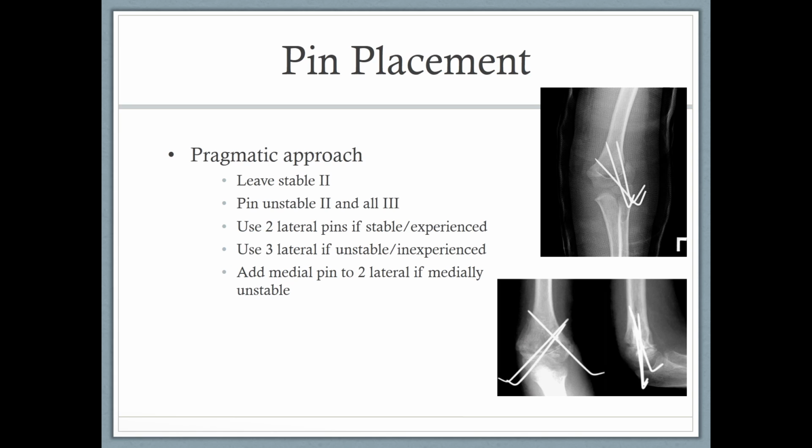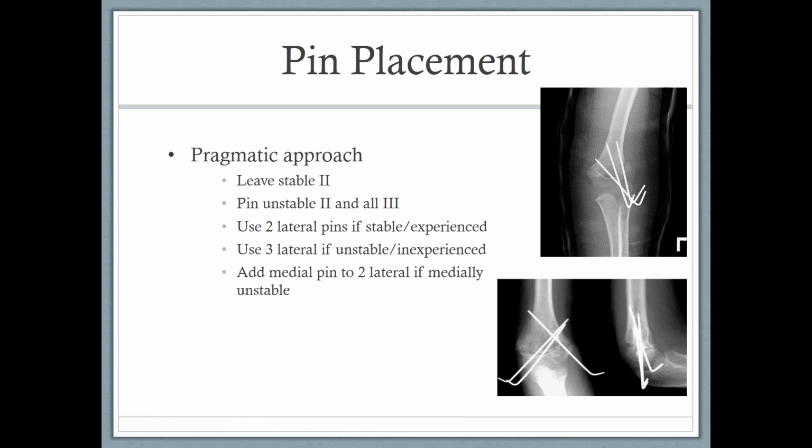So just pragmatically, how are we going to address pin placement? The stable type 2s we're going to leave alone. For the unstable 2s and all 3s, our current policy, and I can't say that this is the only way to do it, is to use 2 lateral pins if the fracture is stable and we're happy about the experience of the surgeon.